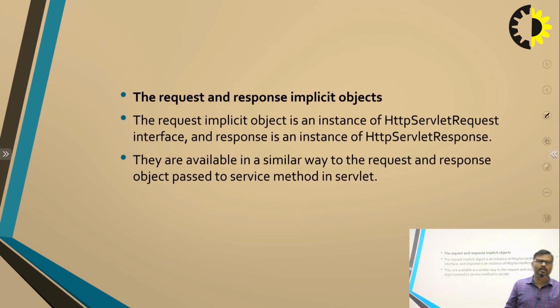First of all, request and response implicit objects. The request implicit object is an instance of the HttpServletRequest interface, and response is an instance of the HttpServletResponse. They are available in a similar way to the request and response objects passed to the service method in the servlet.